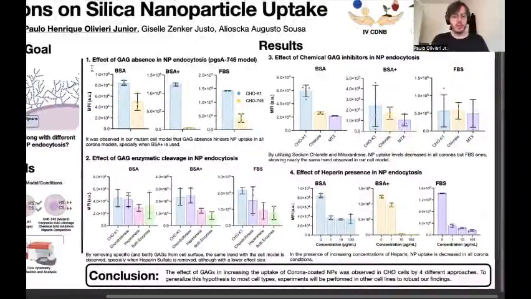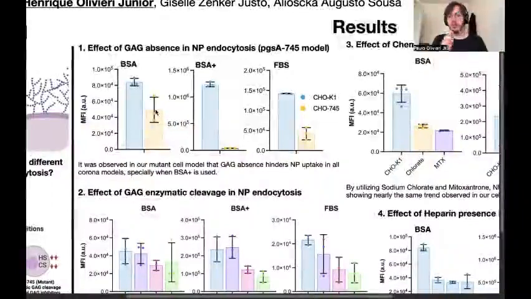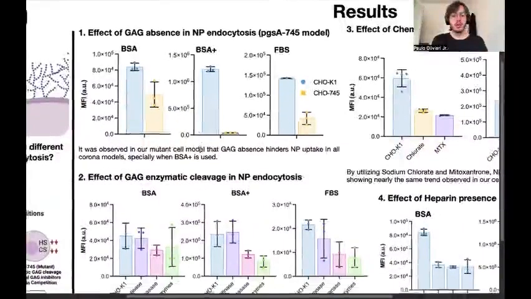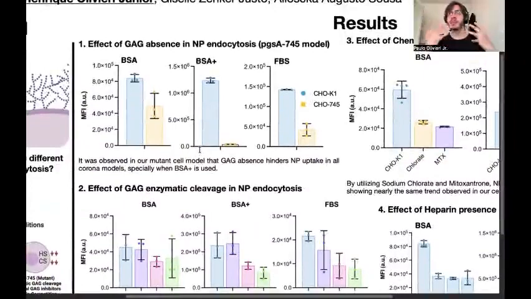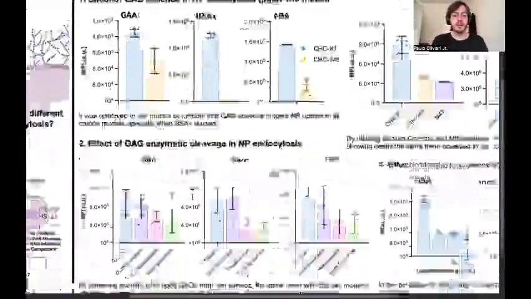First of all, by using our cell model, we observed that all 3 coronas, especially the BSA positive, get their uptake decreased when we remove the GAGs, showing that the GAGs might help maybe as a receptor or maybe influence the contact with the nanoparticles, increasing the uptake.